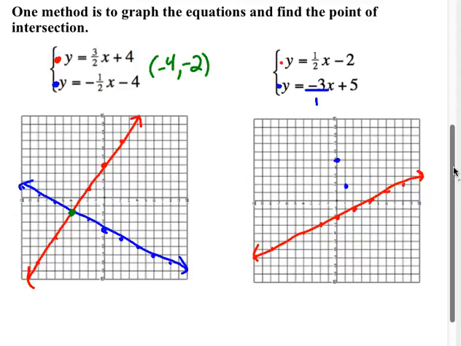Down 3 over 1, down 3 over 1, and so on, and connect them up. If you graph it carefully, you will see the intersection point right there, this time at x of 2, y of -1. That is your solution.